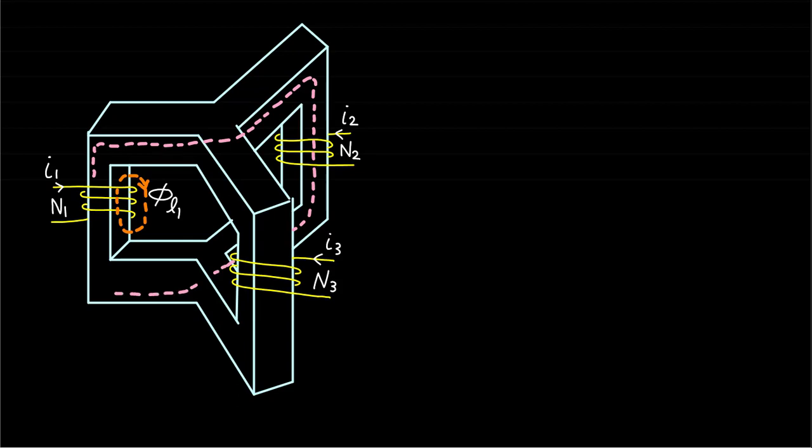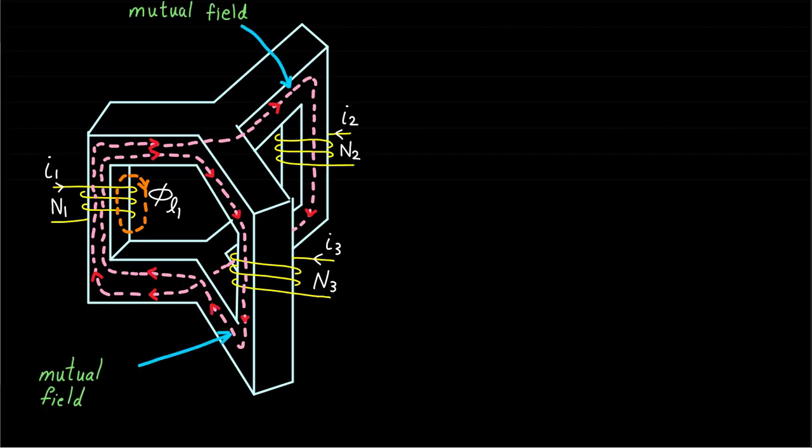The first mutual magnetic field links coil 1 and coil 2, and the second mutual magnetic field links coil 1 and coil 3. It should be noted here that coil 2 and coil 3 also have their own leakage and 2 mutual magnetic fields as well.